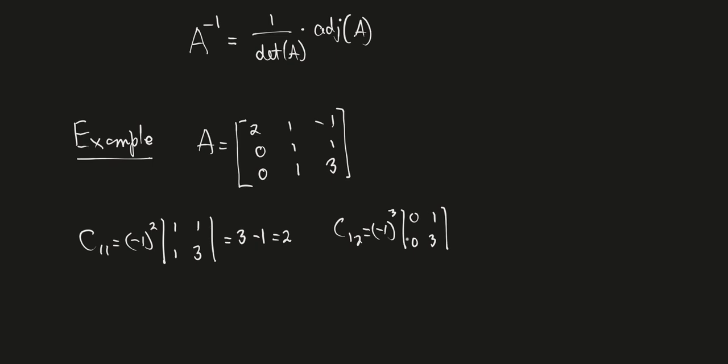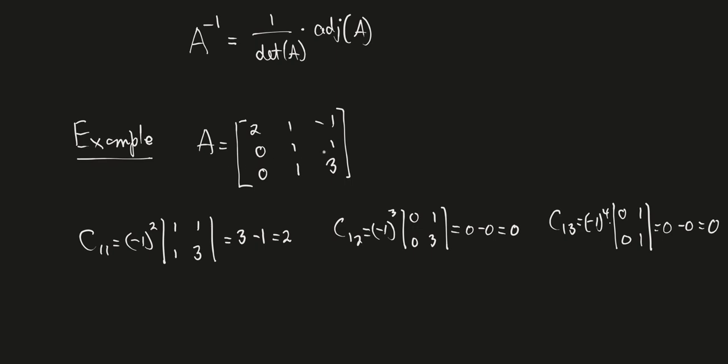So that cofactor is going to be 0 for sure, because you have 0 minus 0. And then C13, that's -1 to the 4th power, times that minor, 0, 1, 0, 1. And that again is 0, 0 minus 0. So that cofactor is 0.